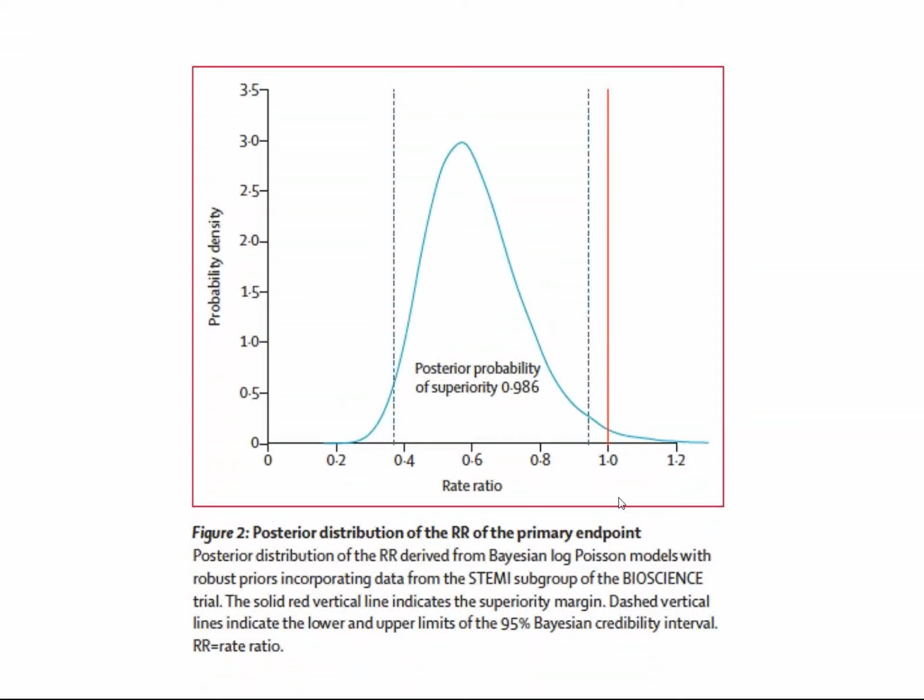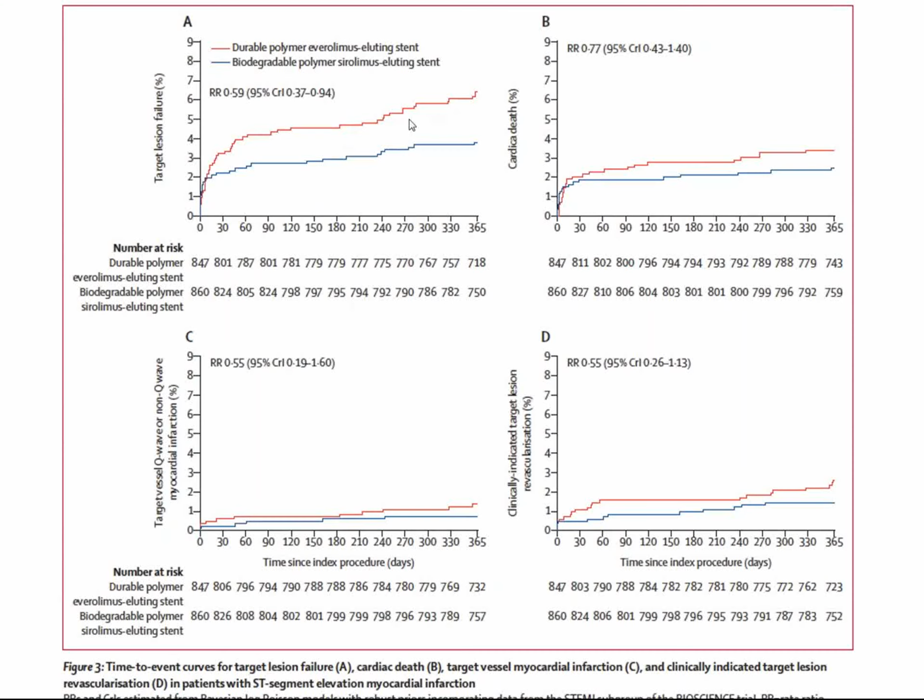But at any rate, the durable polymer everolimus stent had more target lesion failures, although the difference here is only 2%. That means the number needed to treat is 50. And the biodegradable stent looks like it's a little different. Cardiac deaths are not statistically different.